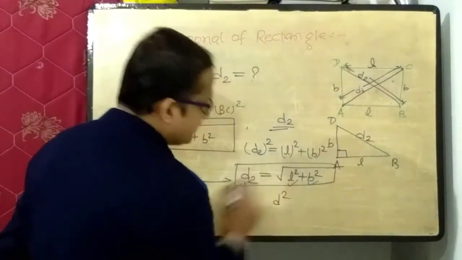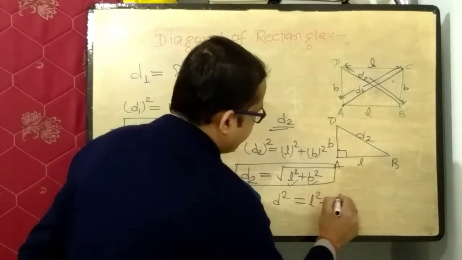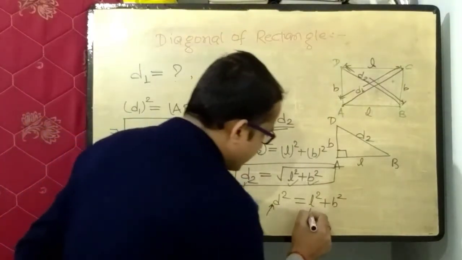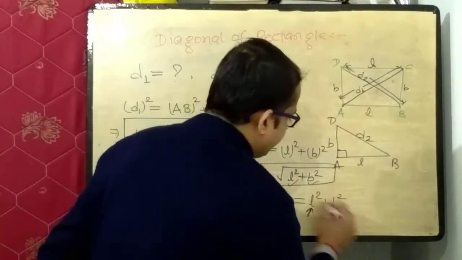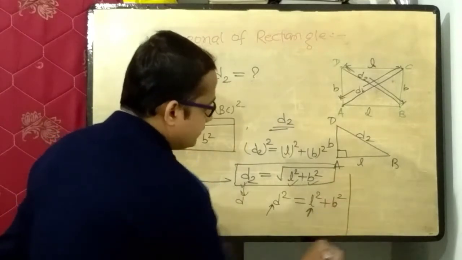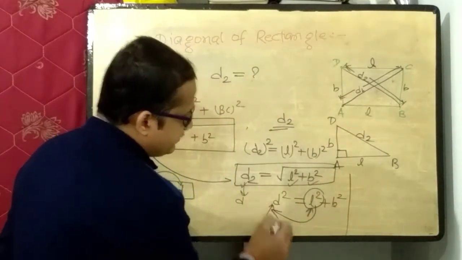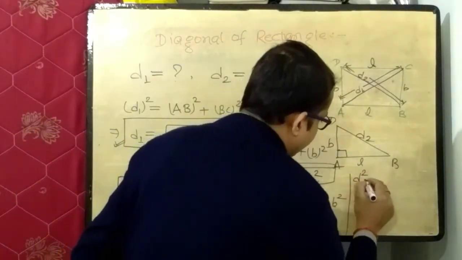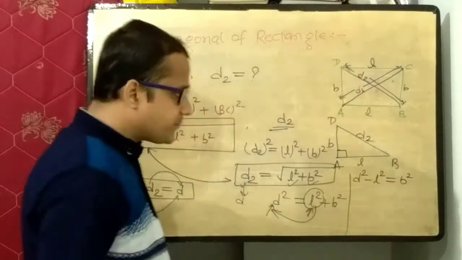Simply, d square equals l square add up b square. This is given to you, this is also given to you, and you have to calculate b. Then transfer this term to the left hand side, so you obtain d square minus l square equals b square.